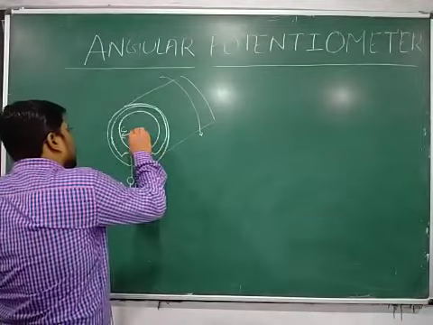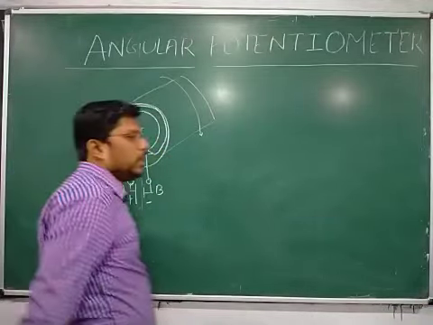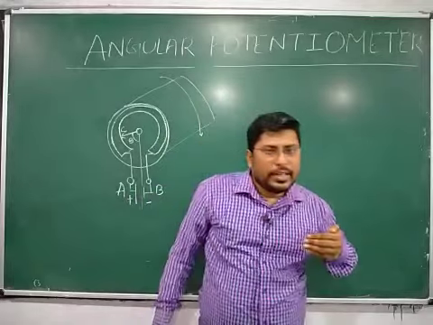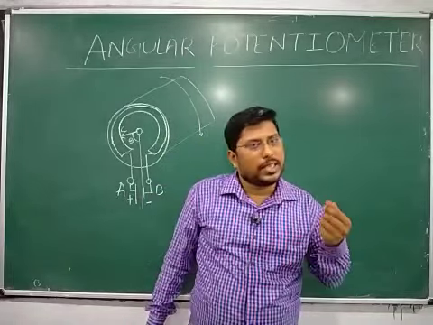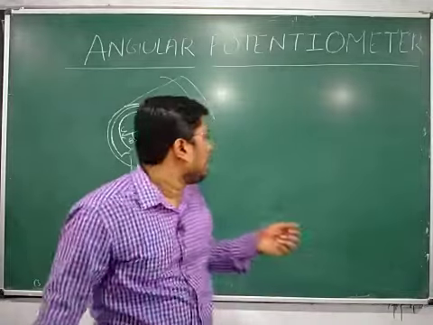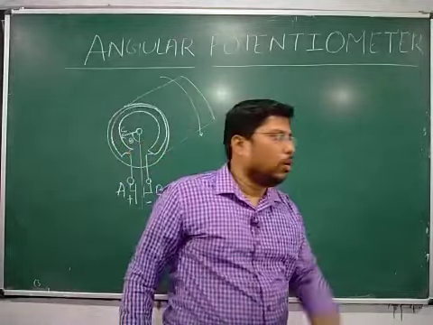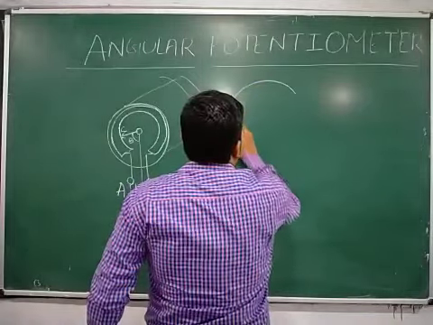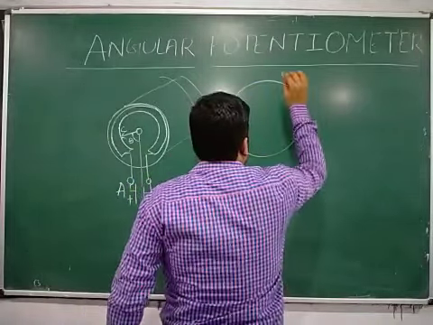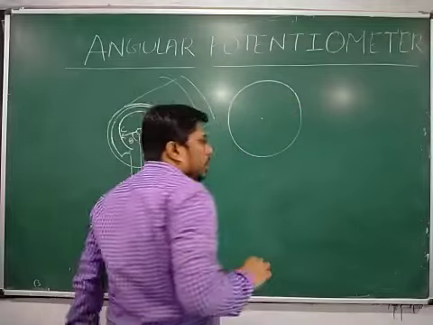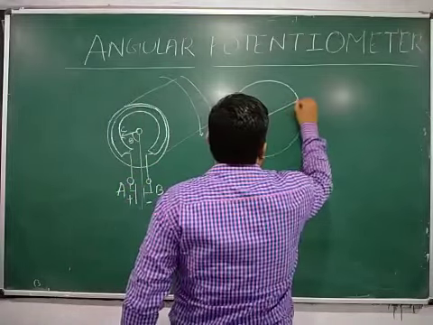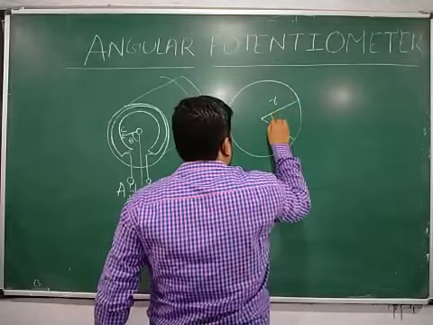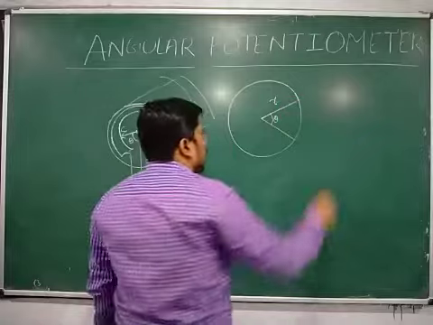Now our aim is to find the angular displacement. Suppose this angle is theta; we have to find the angle theta. Just like in the linear potentiometer we check displacement, reciprocal motion, that is x we are finding. In this case we are finding the value of theta. Now look here. Suppose this is a circle and this is its center, having radius r, and it makes an angle theta with this sector.